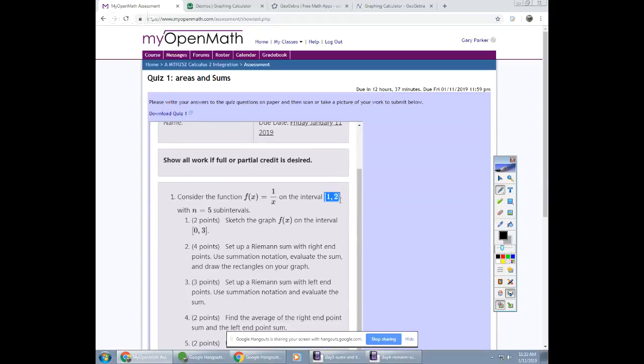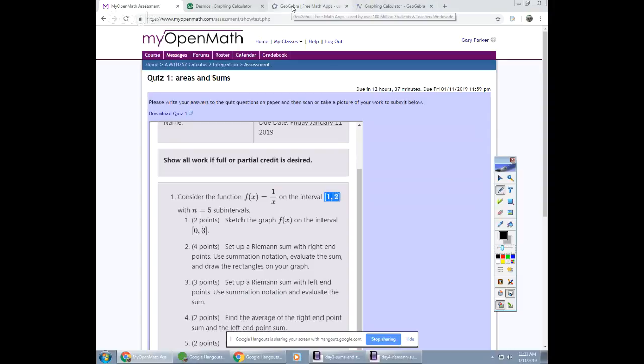Here I say the interval is from 1 to 2, but down here I say sketch the interval on 0 to 3. The reason was, how many people look at their graphing calculator and then put that on paper to make a graph? Everybody raise your hand. Right? You all do that, don't you? Okay. I often, because I've seen these functions so many times before, I kind of remember them and I just plot a couple of points and rough it.